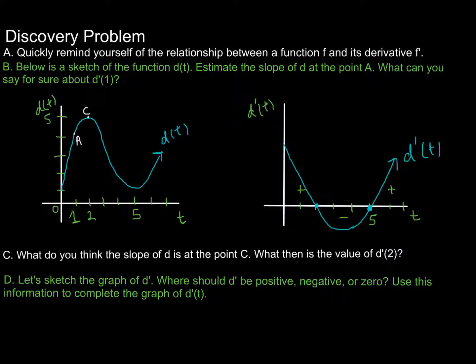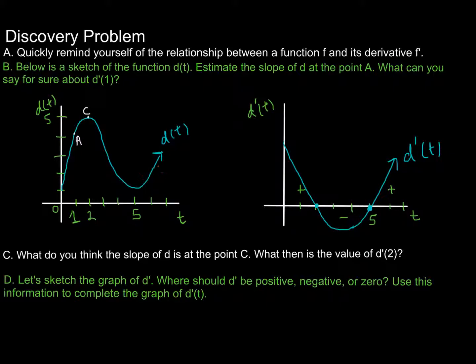And there it is. So if you're thinking about creating a protocol for yourself, you might imagine that what I want to do is figure out where d prime is going to be 0. Where are the roots? And then what is the value of the slope going to be on either side of the roots? Is the slope going to be positive? Is the slope going to be negative?